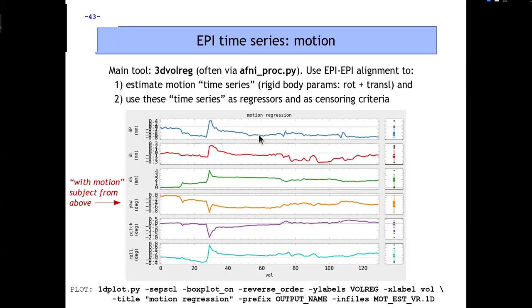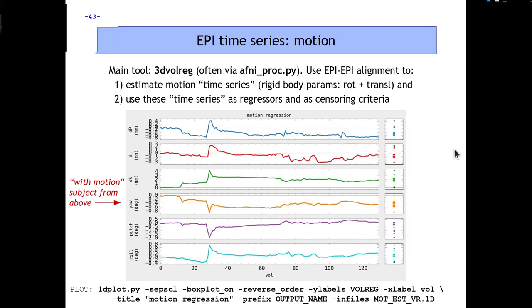Then they were moving again, etc. So it's the derivative of here that tells us when there was a large motion event. So there's actually not a lot of motion during this time because the alignment parameter is pretty constant. But then all of a sudden they start moving a bit and then constant and then moving, etc. Okay, so this is one way we can see how much motion there was and make a record of it.